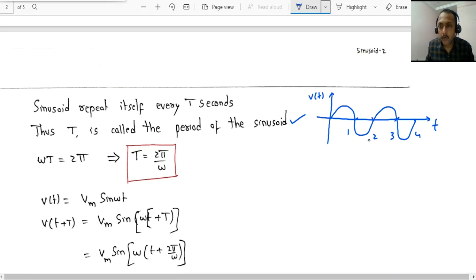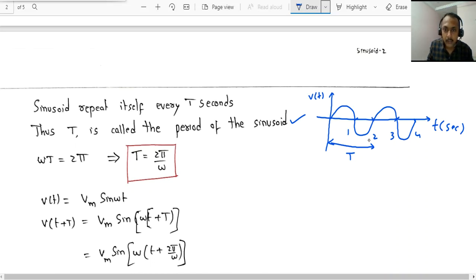You can say confidently that after 2 seconds it is getting repeated. Time t is in seconds. Then from here to here, this represents the time period capital T. Why? Because after 2 seconds again we are getting the same waveform.